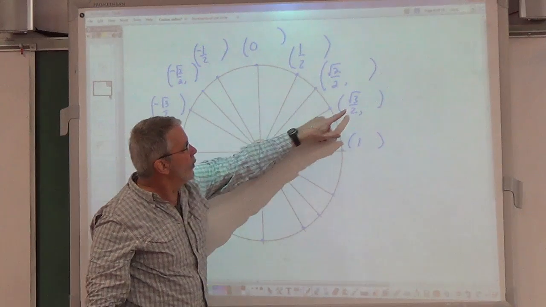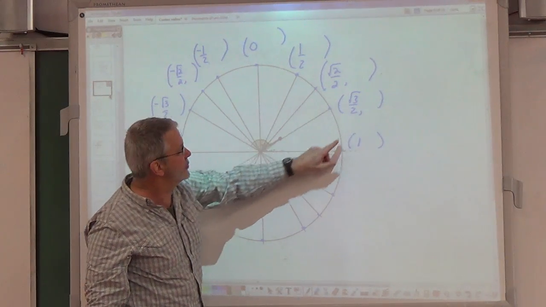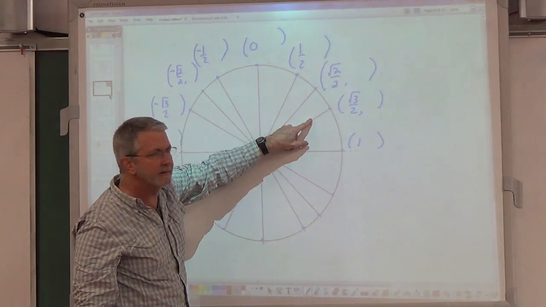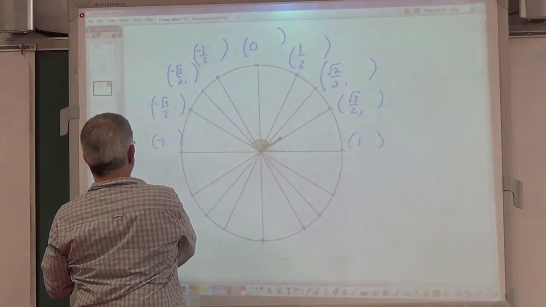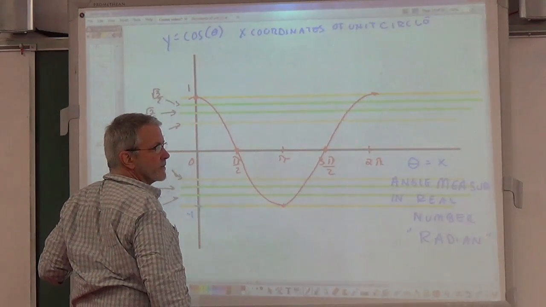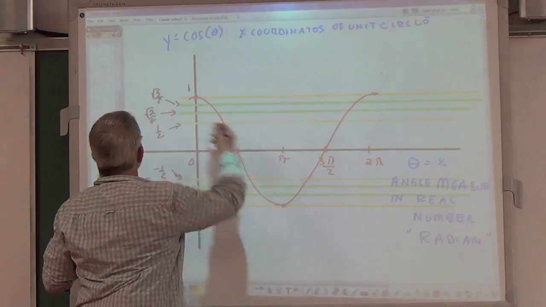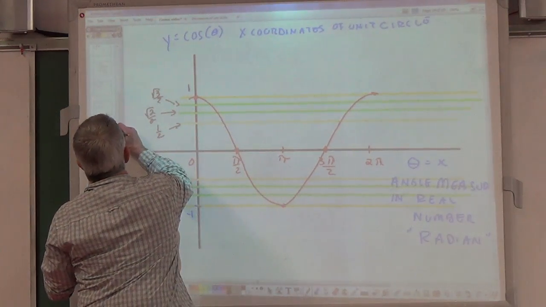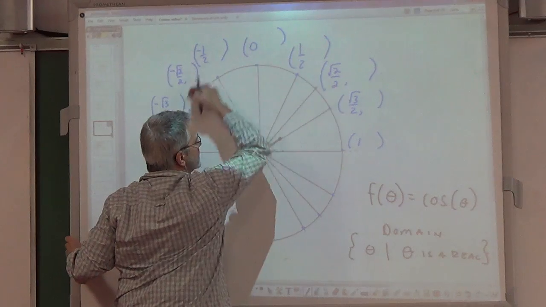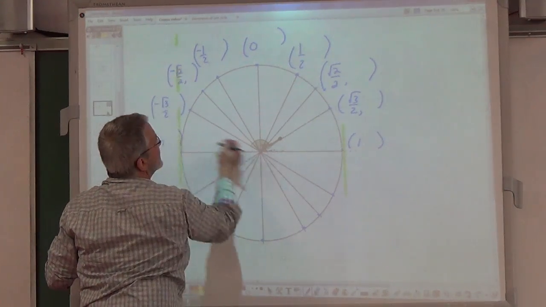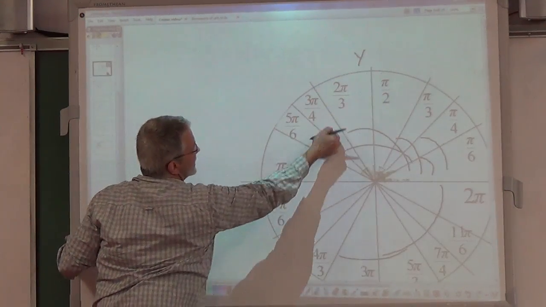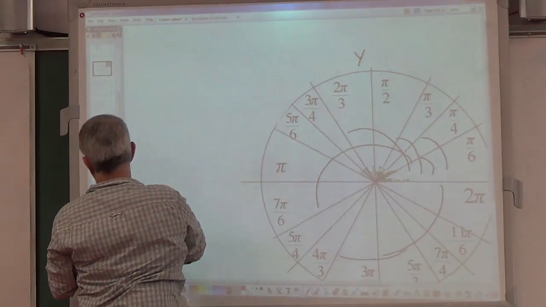Pi over 4. What maps to square root of 3 over 2? Pi over 6. But to get this graph, I simply looked at these x values, these increments on the unit circle.